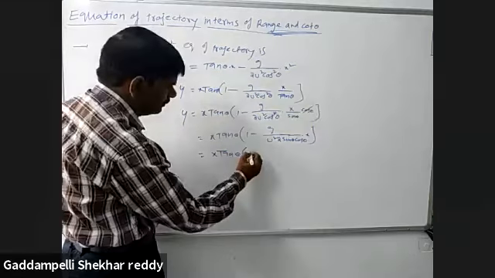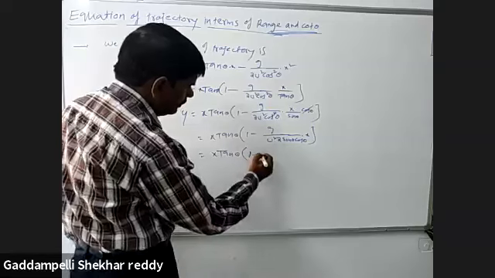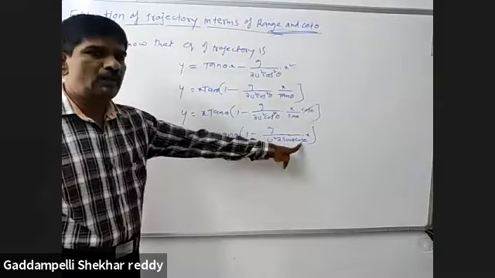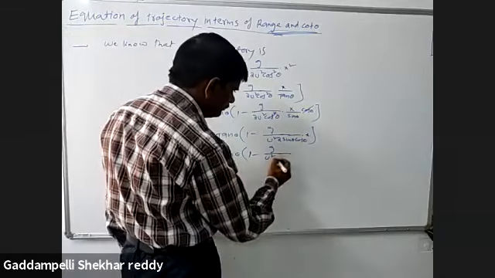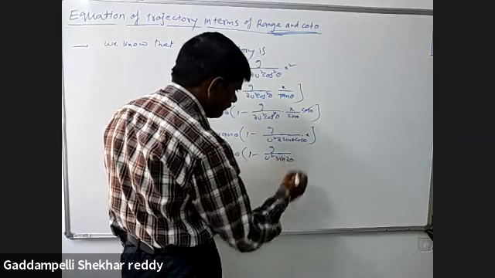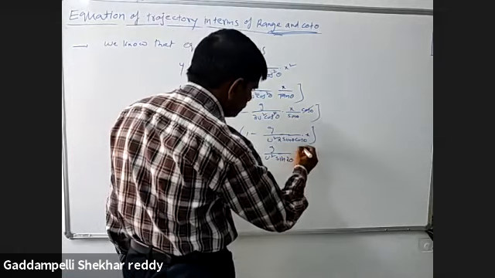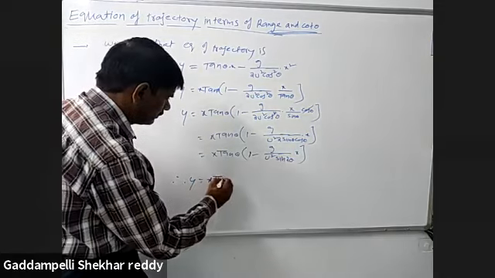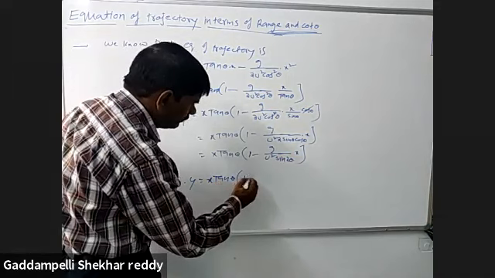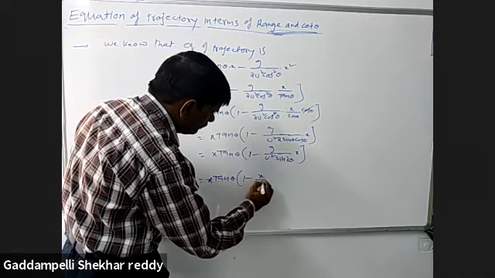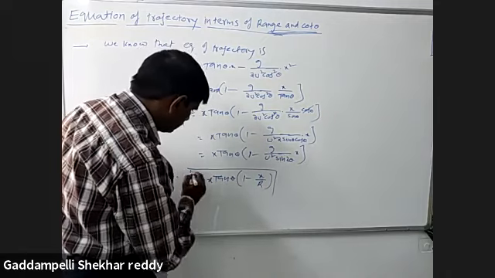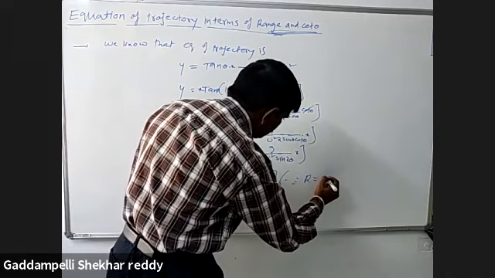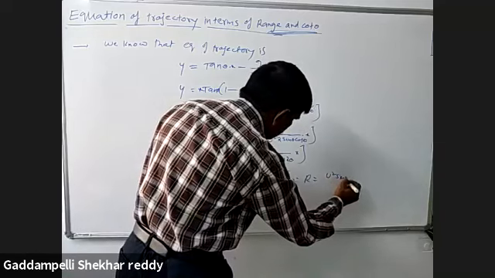Now 2 sin theta cos theta is sin 2 theta. So y is equal to x tan theta into 1 minus x by R, since R is equal to u square sin 2 theta by g.